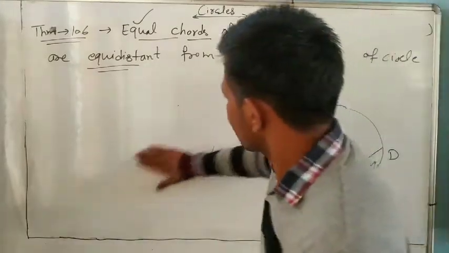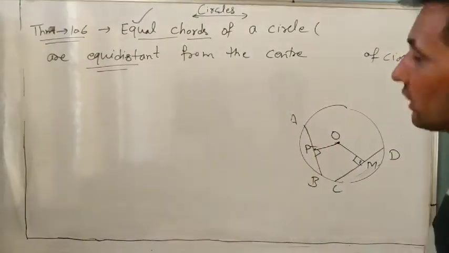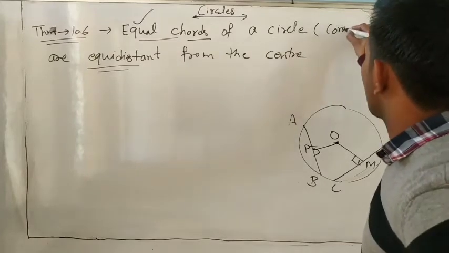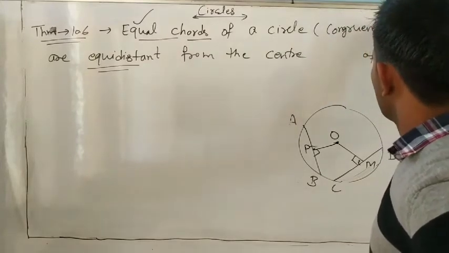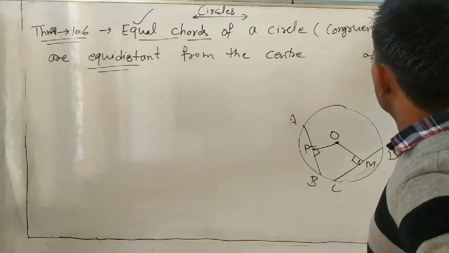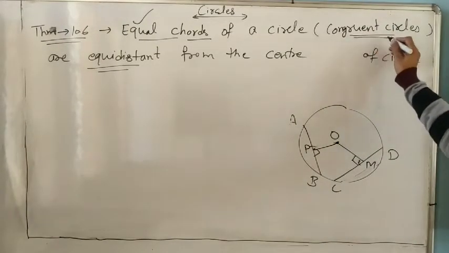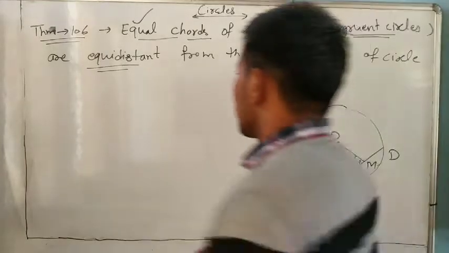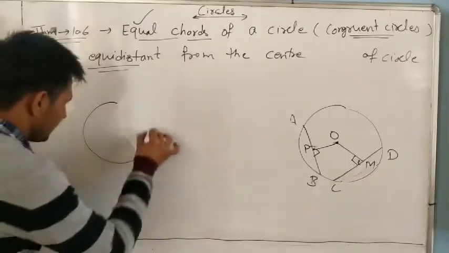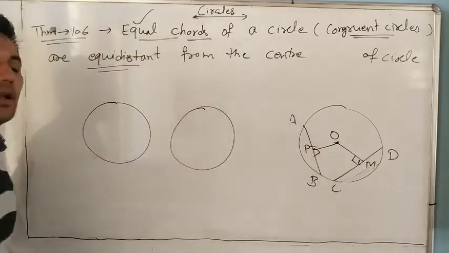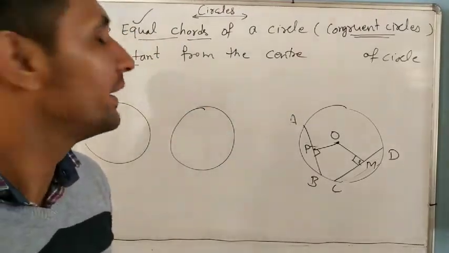And one more thing is given in your book: in place of a circle, maybe congruent circles. This is for only one circle, but for what type of circles? Congruent. Congruent circles mean two circles whose radii are equal.